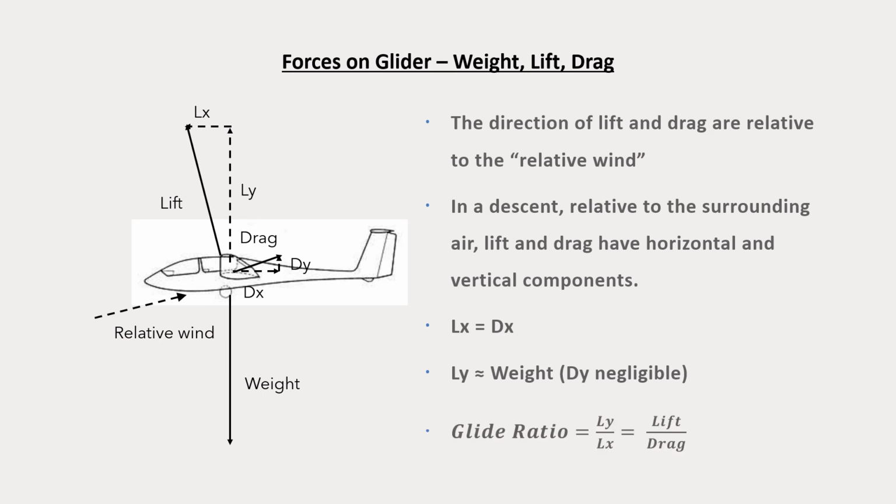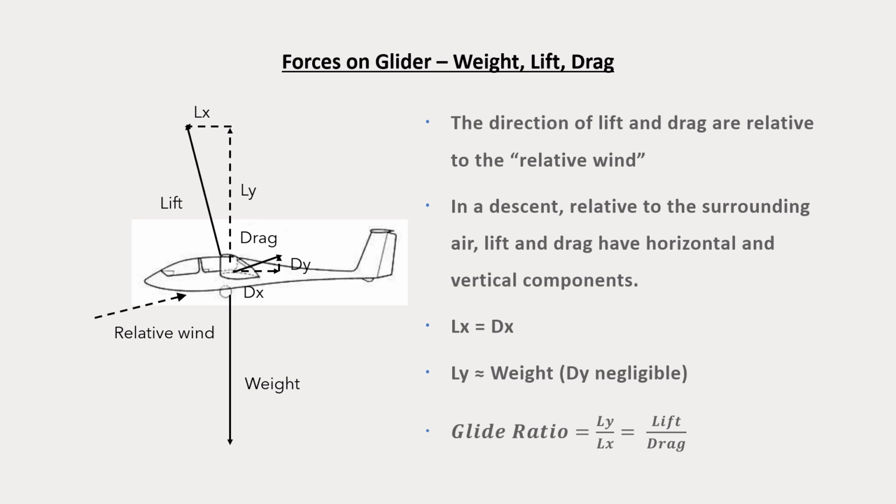The glide ratio, the definition of which is how far forward you move for how much you sink, is equal to, you can work out the geometry on the picture.